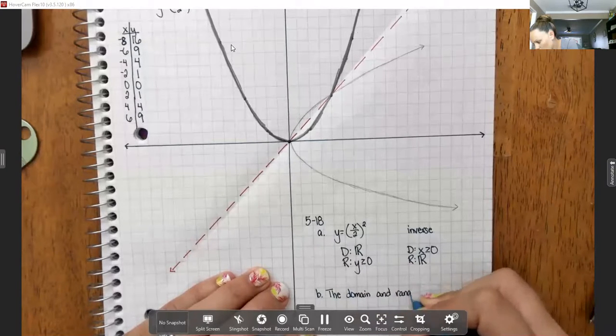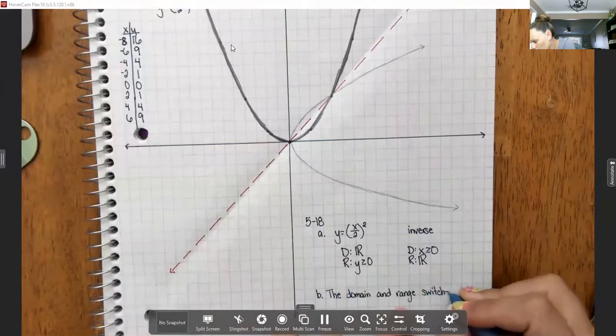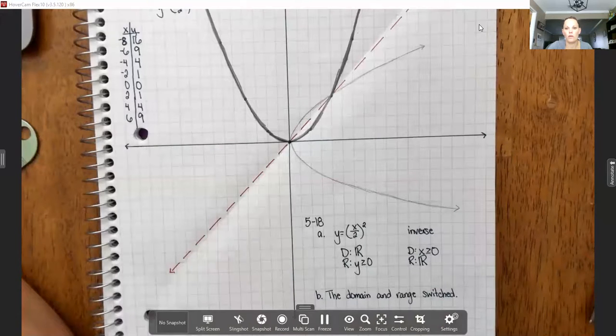So the domain and range switched. Yeah, they're flipped. They switched.